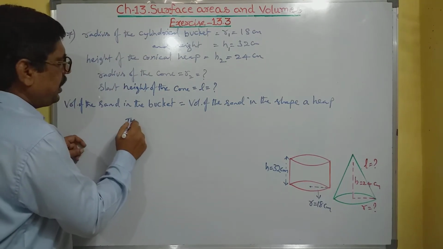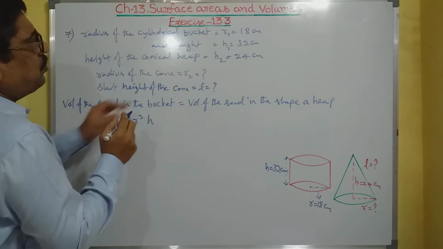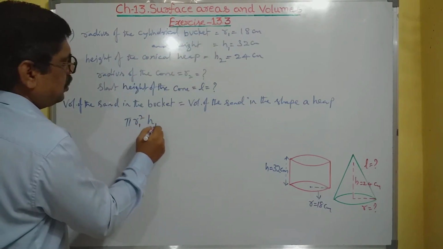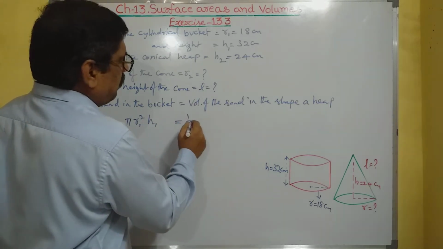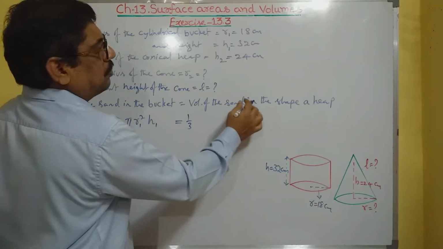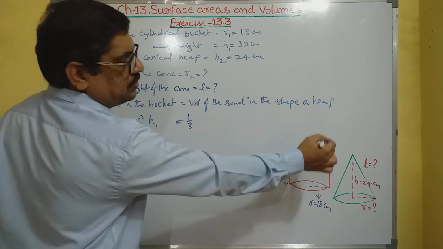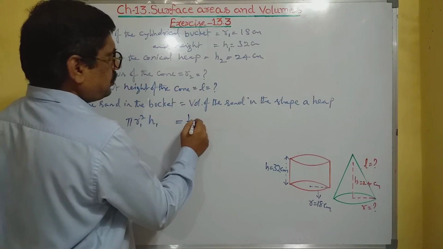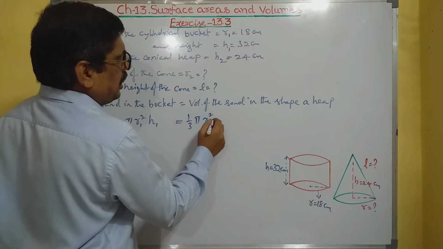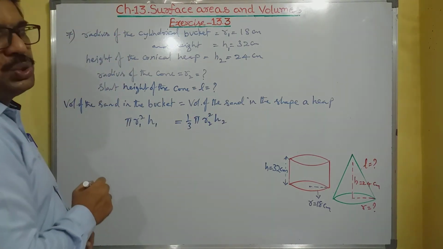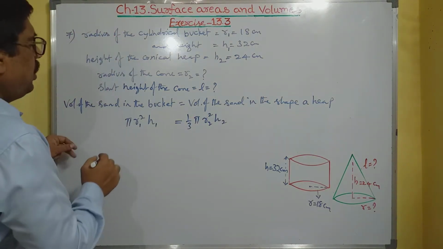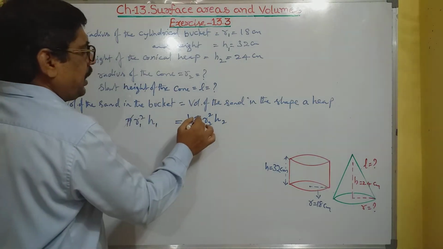So we can take pi r square h. As we taken r1 and h1, we can take pi r1 square h1 is equal to volume of the sand in the shape of a heap, which is in the shape of a cone, 1 by 3 pi r square h. Let us take r2 and h2. Now we can cancel pi on both sides.